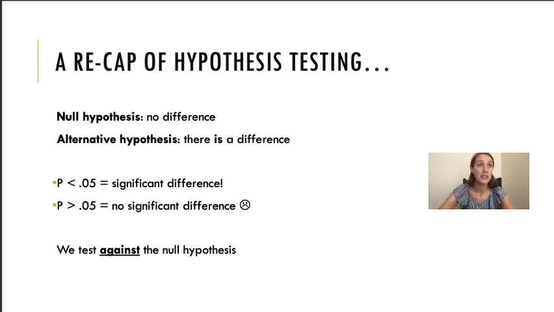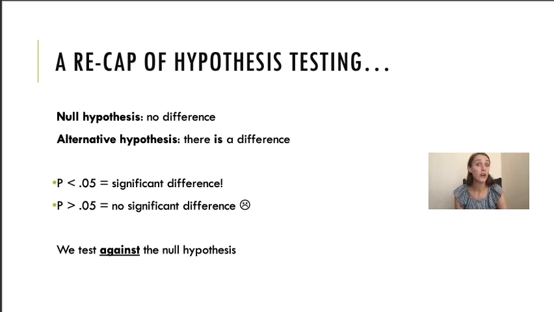Hypothesis testing leans on probability, and we're going to be using mostly, in this class anyway, a p-value of 0.05. This is our gold standard in science. It's inherently flawed, and we'll talk about that later in the class. But this is what we use.